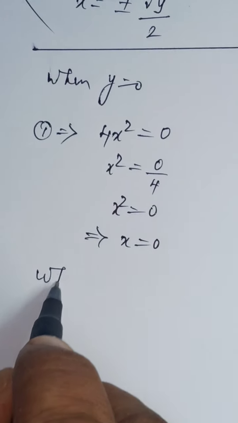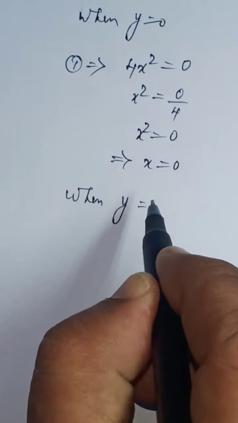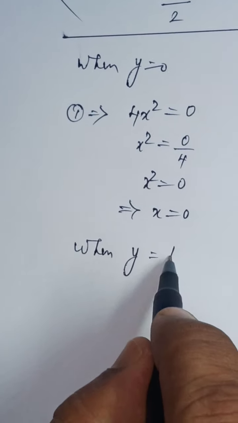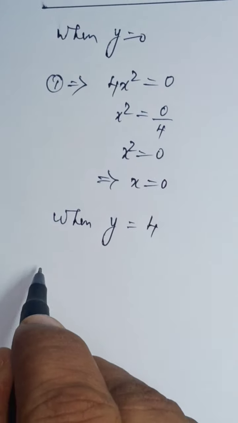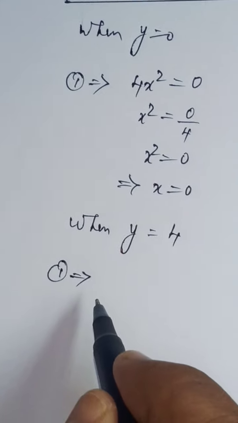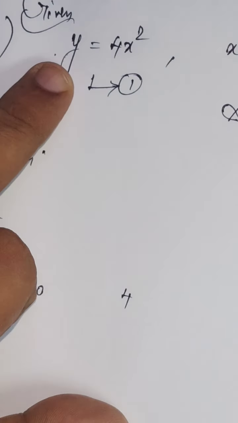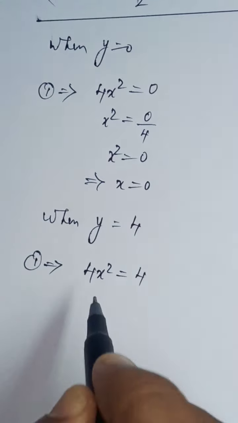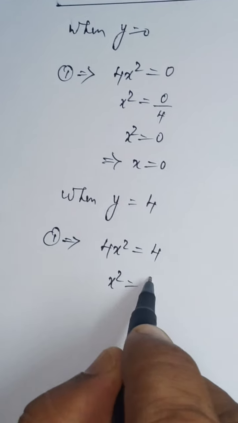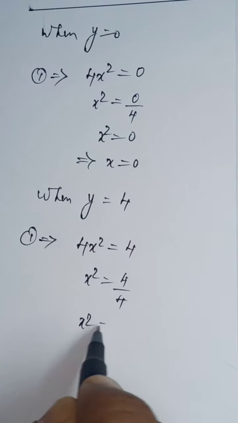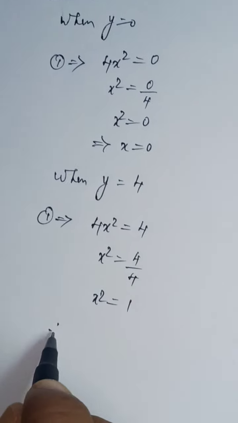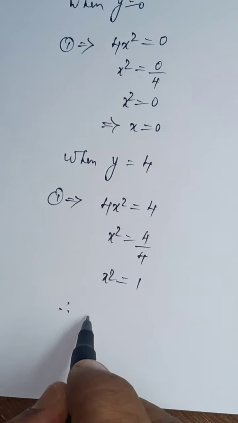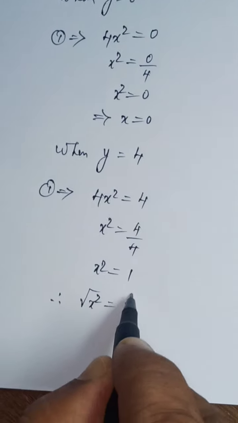Next, when y equals 4, equation 1 implies, substitute y equals 4 in 4x squared equals y. Therefore, x squared equals 4 by 4, x squared equals 1. Taking square root on both sides, square root of x squared equals root 1.